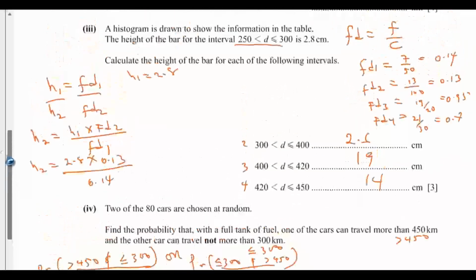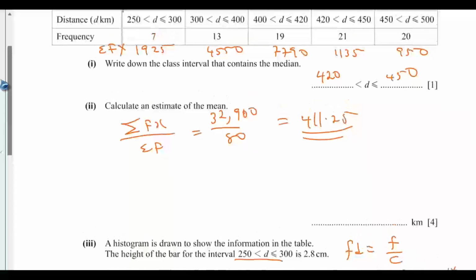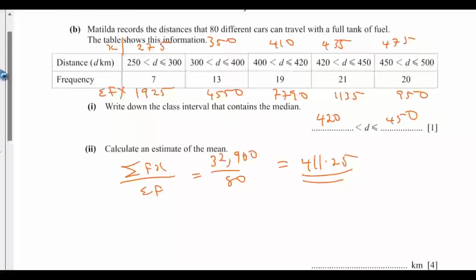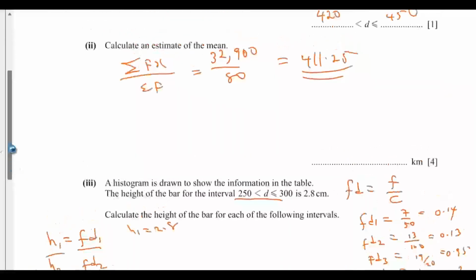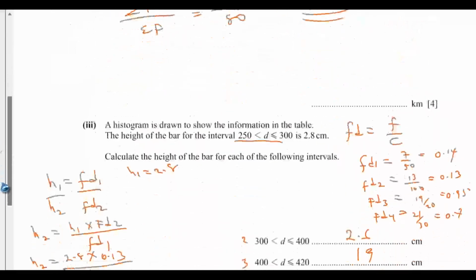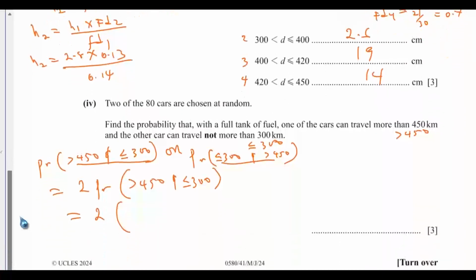So if you scroll up here, greater than 450, it is this one here, with 20 out of 80. So you are going to write 20 out of 80.